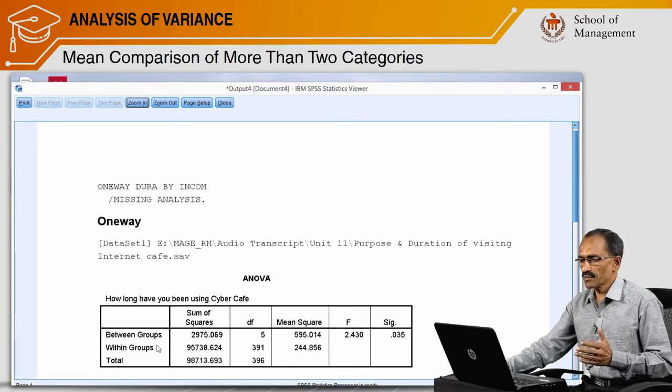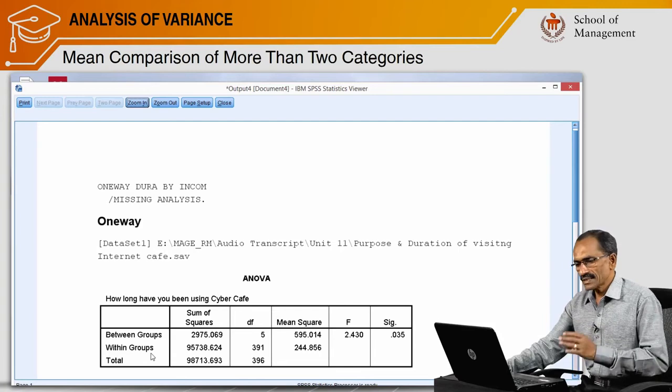There are two terminologies, between group and within group. What does it mean? Between group means the differences across the groups, meaning the 6 groups. And within group difference means the difference within a group. For example, let's say 10 employees in a company. These 10 employees can be grouped into 3 categories. Say in the first group there are 4, in the second group there are 4, and in the third group there are 2.